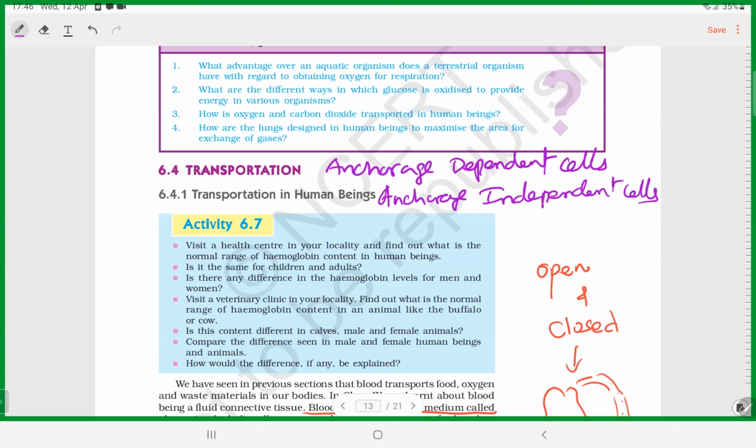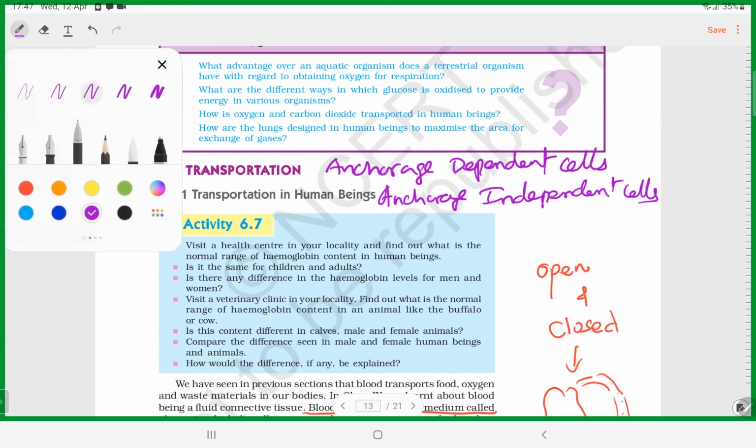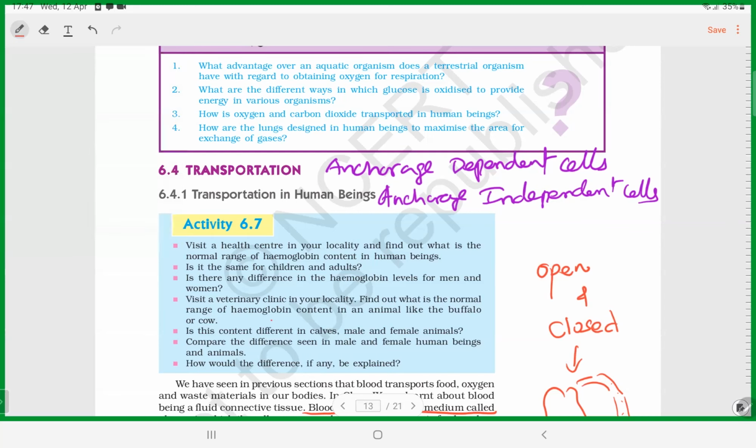If the cell requires solid support for growth and development, they are called what? Anchorage dependent cells.